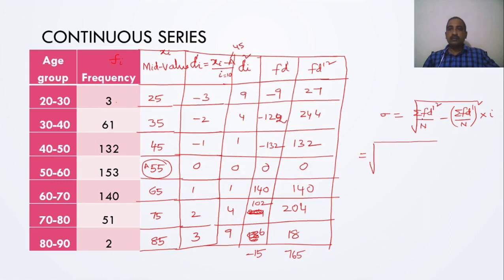The standard deviation is the square root of summation fd dash square by total frequency.